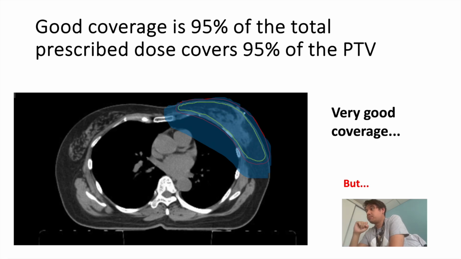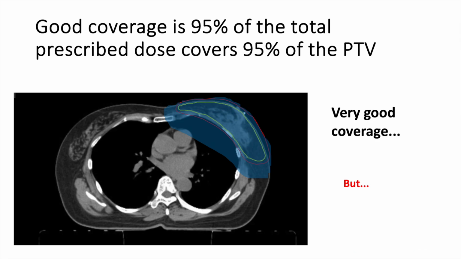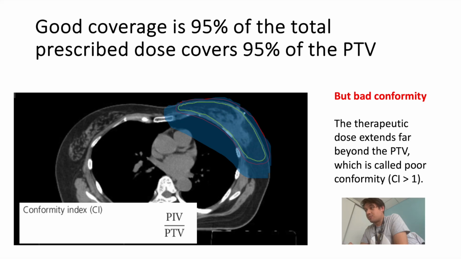It's much bigger than the PTV, and that's not what we want. For example, you can see here the unnecessary dose going into the heart and into the lungs. In this case, this is what we call a bad conformity. It happens when the therapeutic dose extends far beyond the PTV. This example clearly shows poor conformity.